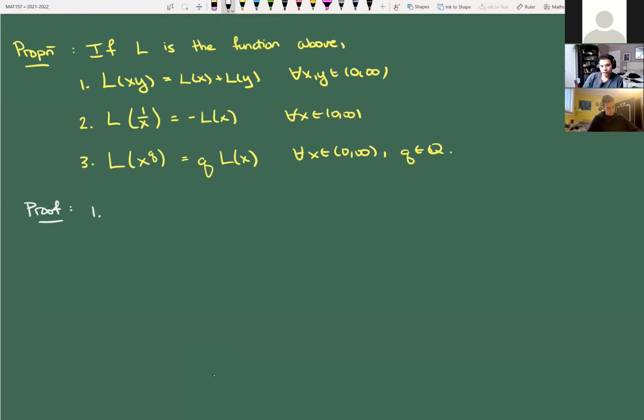Okay, so for number 1, let's fix a y right out of the gate. So fix y in (0, infinity). And we're going to let x still be a variable. So we're going to differentiate L of xy, almost like we're differentiating L of 2x or L of 10x, just using basically the chain rule.